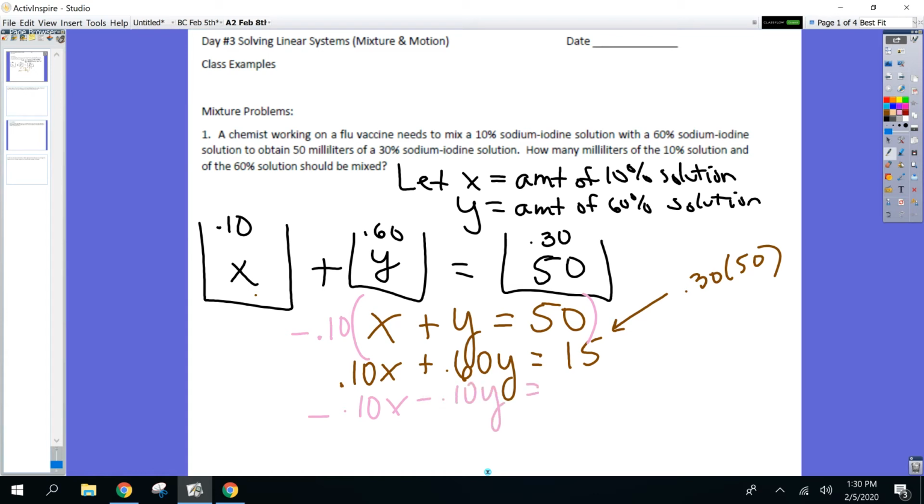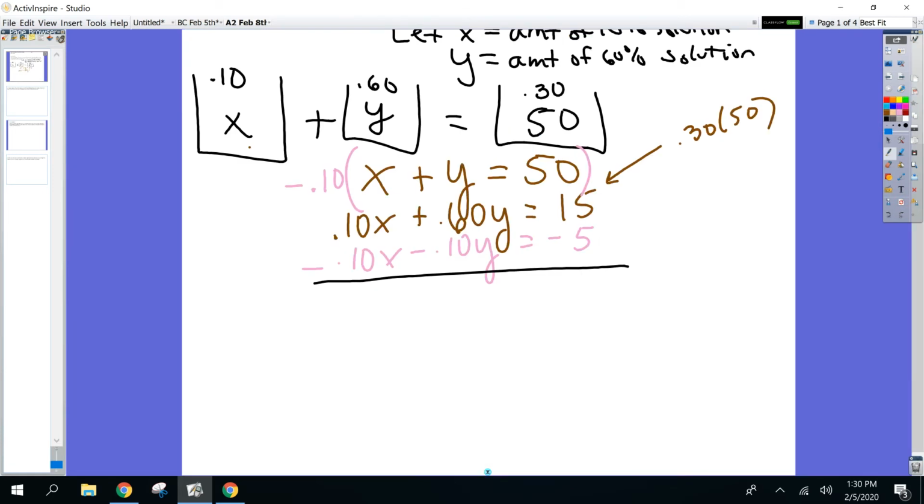Again, distribute all the way through, including the other side of the equal sign. And you get what there? Negative 5. Okay. There go those 0.10s. How many y's am I left with now? 0.50y equals 10. And then you guys can go from there. Y equals.